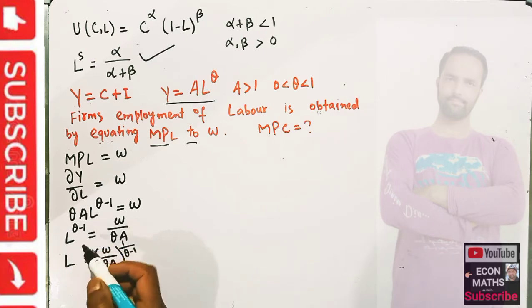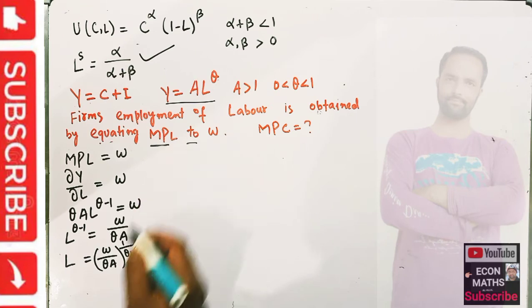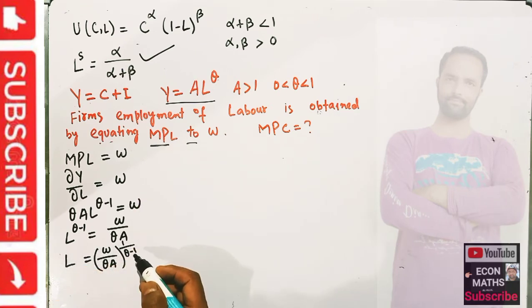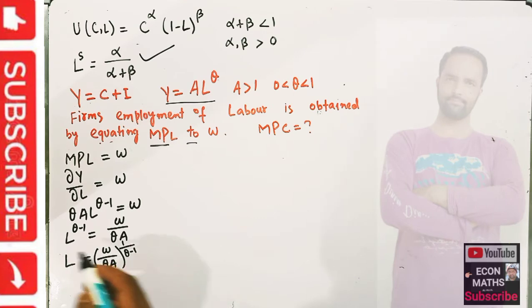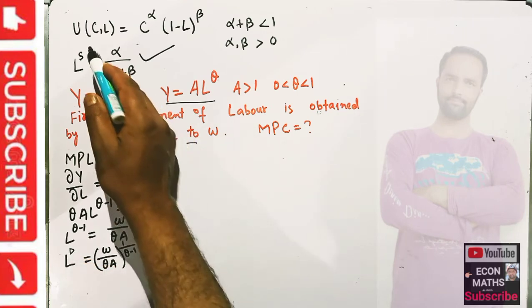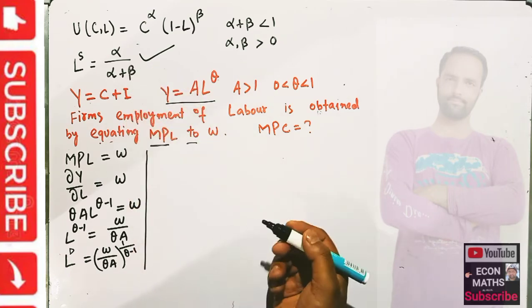When I transpose this exponent it will get reciprocated. So what we got here is our labor demand. Okay, let me write it here.